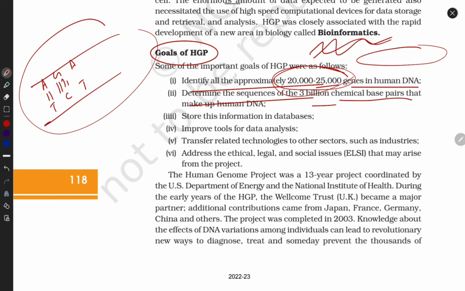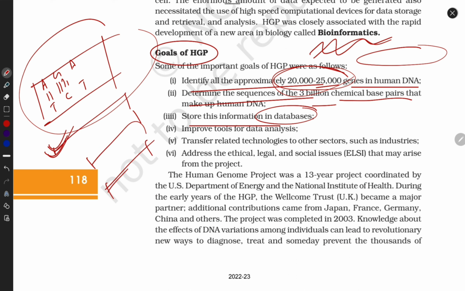There are 3 billion base pairs in our DNA. Store this information in databases, showing which sequence of DNA codes for which thing. Improve tools for analysis, so we can analyze any kind of disorder, advantage or disadvantage.